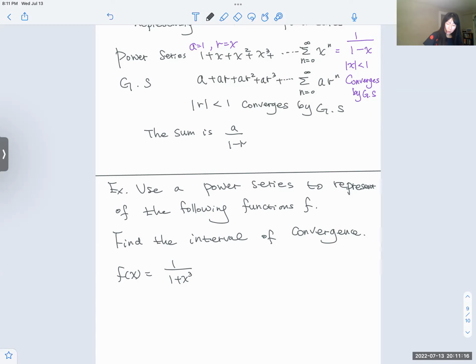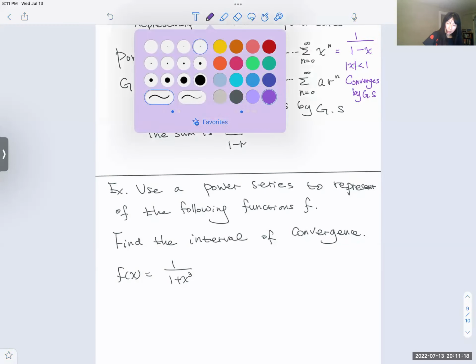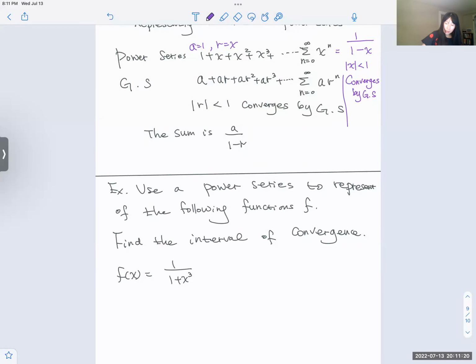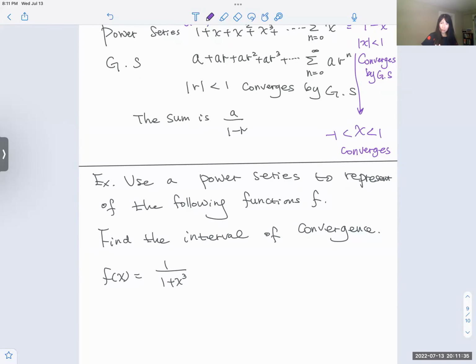Let me explain one more thing: when the absolute value is less than 1, we take out the absolute value and x is between -1 and 1, so it converges. Now we have the same format, but in this case x cubed. I want to make this 1 over 1 minus negative x cubed.